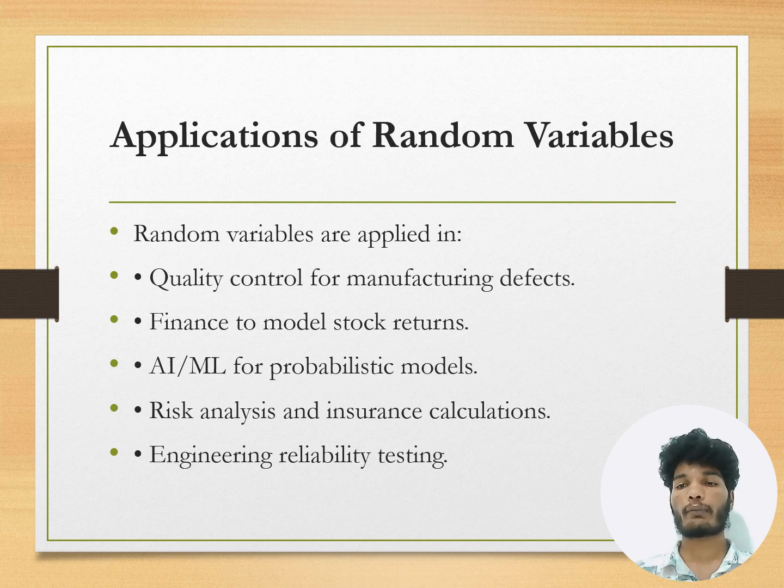Applications of random variables in real life also. Quality control for manufacturing defects. For example, in industry they manufacture some product from the base level to the last level, which is the output level.